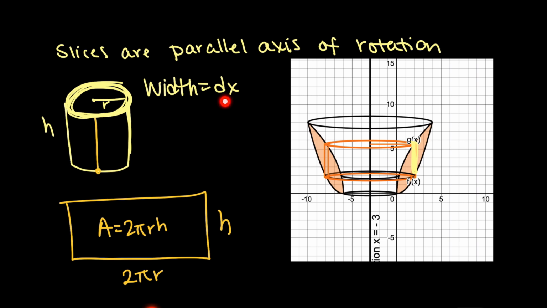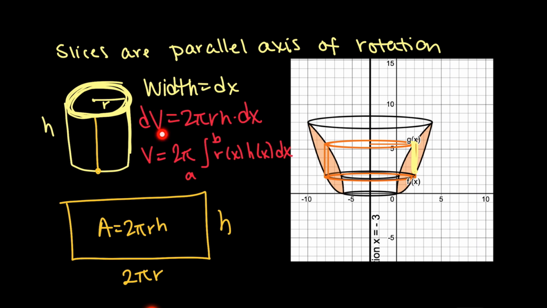Now, this is technically a cylindrical shell. It's got a little width, which is a dx or a delta x. So the volume of this cylindrical shell is 2 pi rh times dx. Now, if we want to use this technique to find the volume of our entire solid of revolution, we're going to use an integral to add up the volume of each of our little cylindrical shells.